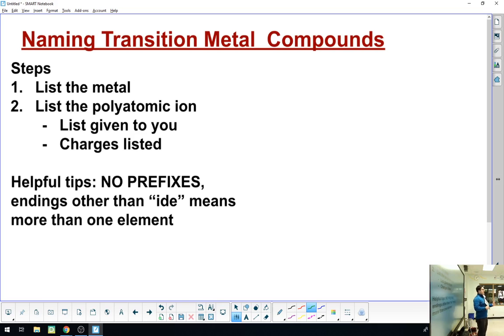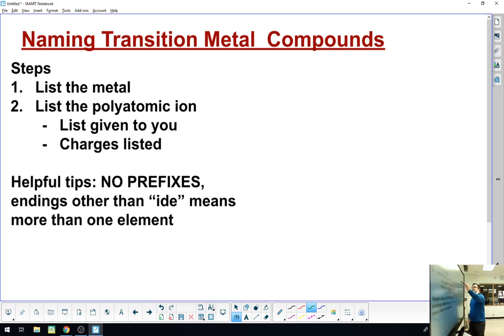So iron, for example, could be iron 2, iron 3, or iron 4 on the charge. Since they can be different ones, we have to indicate it with Roman numerals. And it's pretty simple from there. All right? And since it's metal to non-metal, it's still ionic, meaning no prefixes. All you got to do is include what you got.